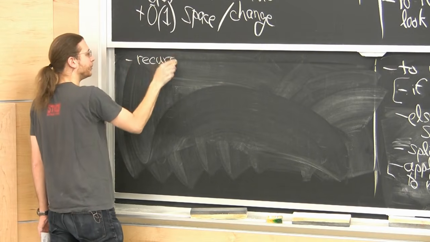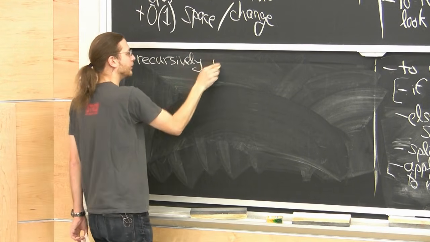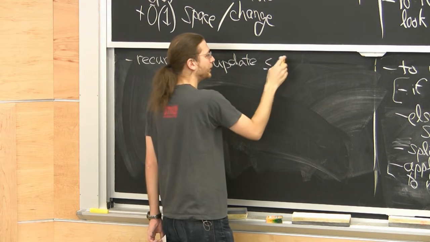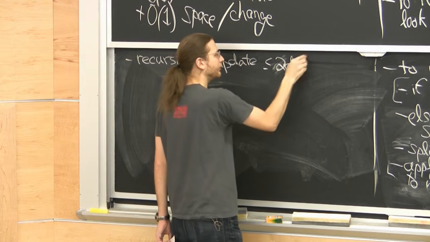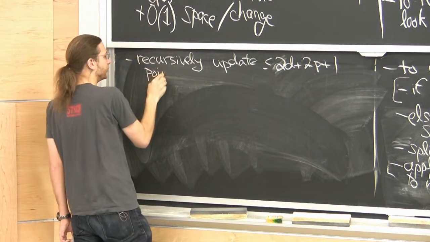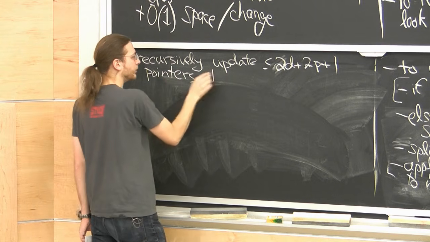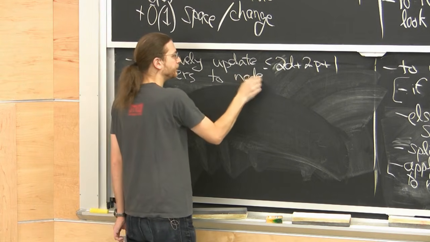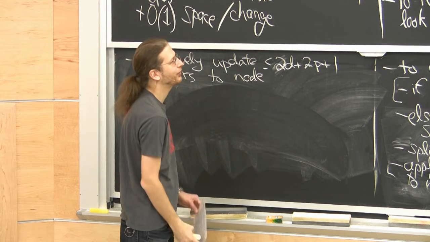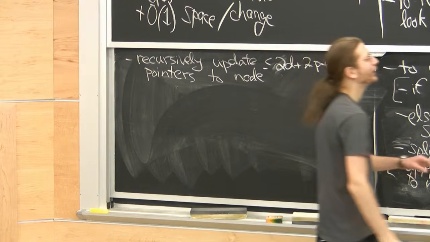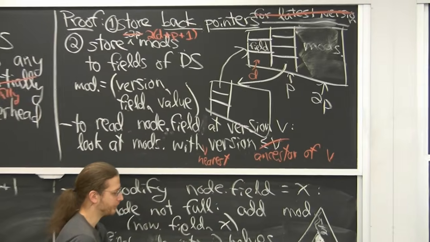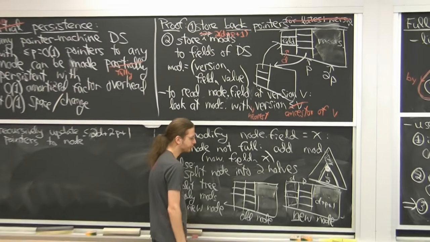So recursively update at most 2 times D plus 2 times P plus 1 pointers to the node. The good news is this is really only half of them, or some fraction of them. There were more pointers before. We don't have to deal with these ones. That's where we're saving, and that's why this amortization works.